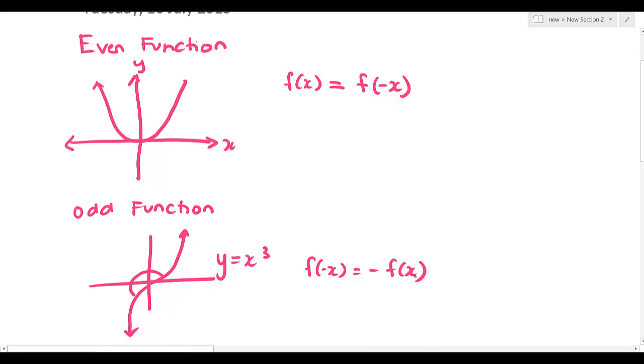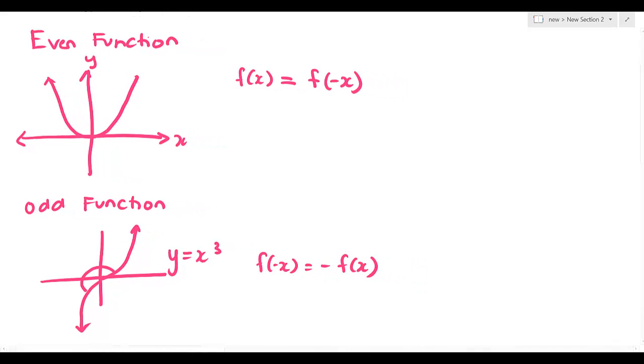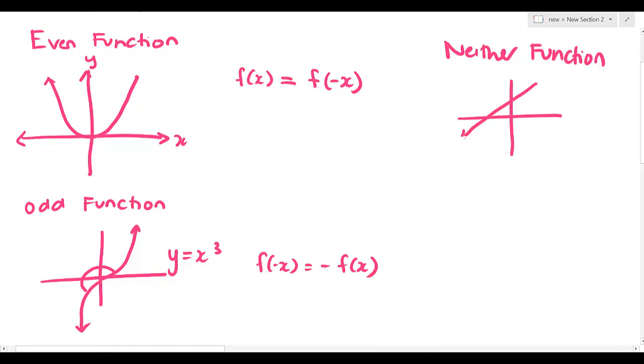Functions which are neither do not fall under any of these categories. Neither functions are not symmetrical about the y-axis, and they don't look like they've been rotated 180 degrees. Some examples of neither functions are some linear graphs. You can see they do not look like they have an axis of symmetry, and they don't look like they've been rotated.